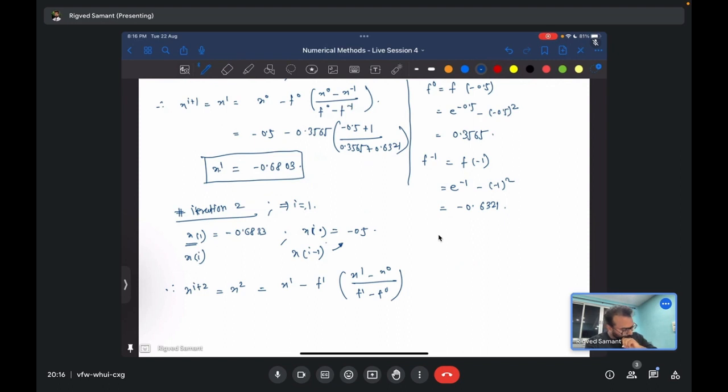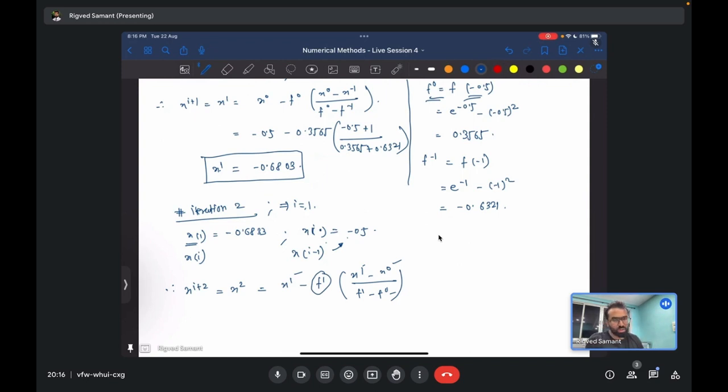Now you already have this value, right? F of 0, minus 0.5. So you already have this, you already have this. You just want to calculate this value here.